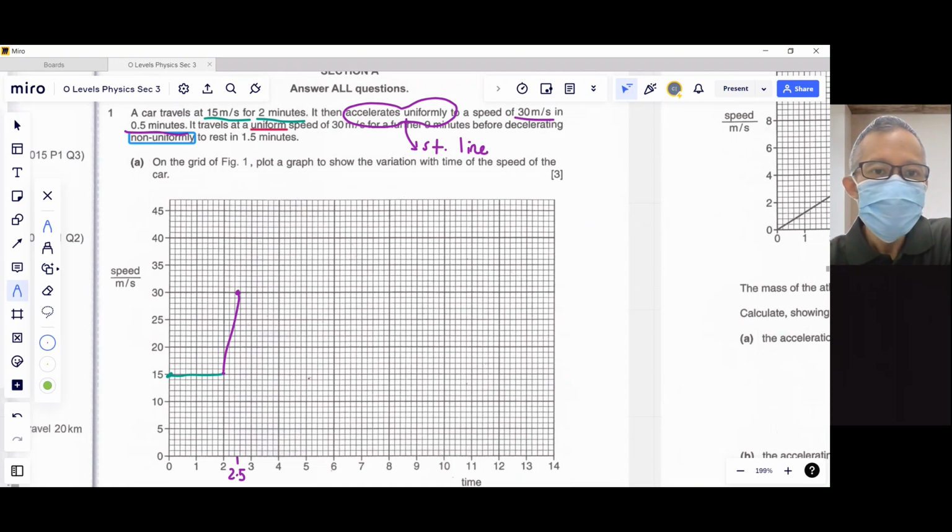Then it continues at a uniform speed of 30 meters per second for a further 9 minutes. Therefore, from here, 2.5 plus 9 minutes is 11.5. So there's no change in speed, just draw a straight horizontal line across until 11.5, which is here.